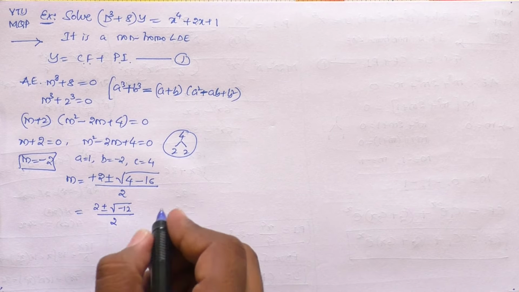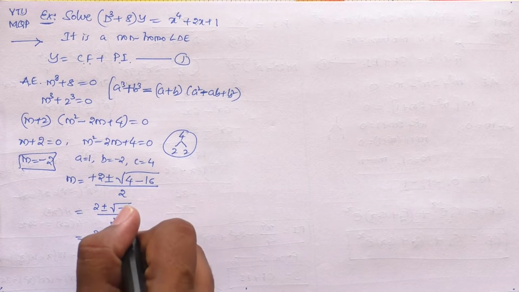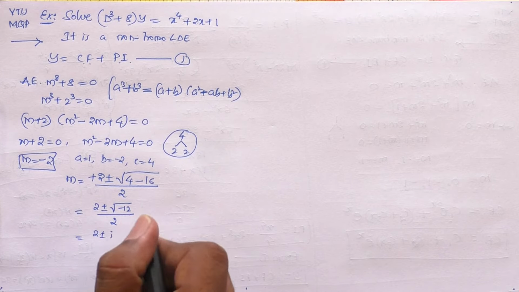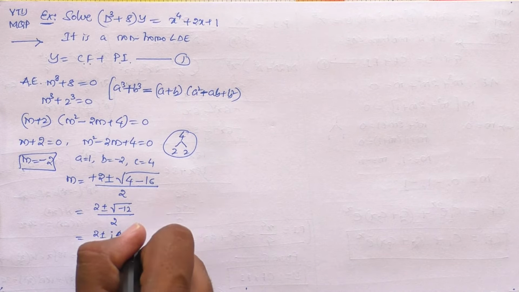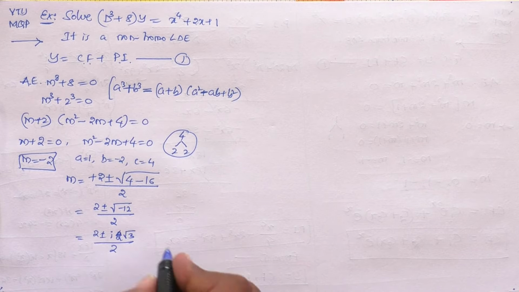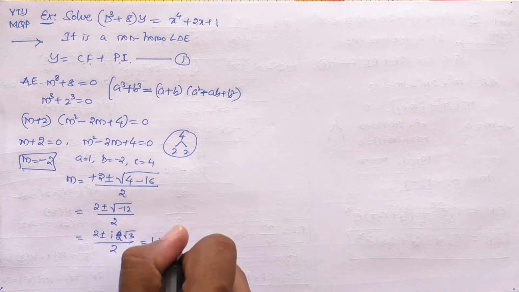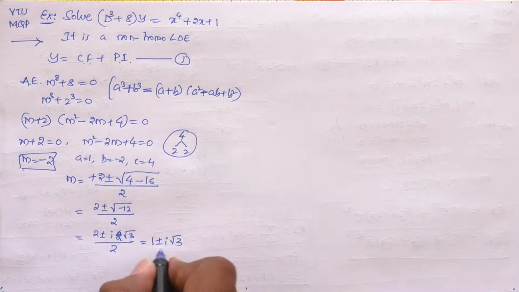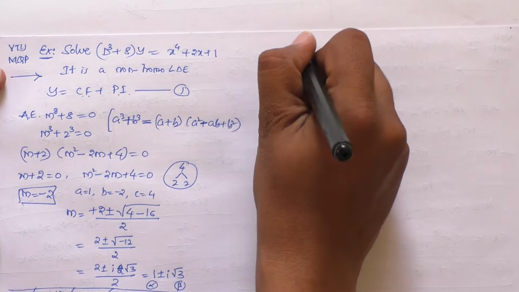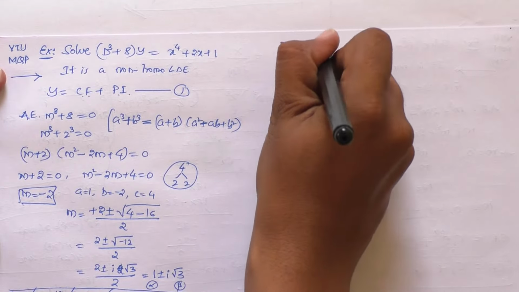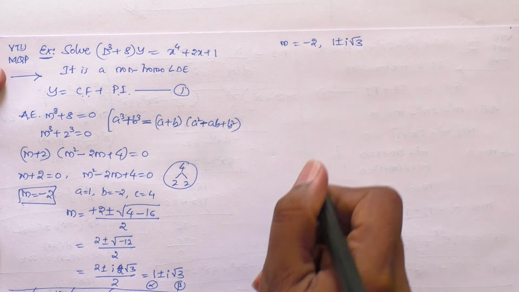Square root of minus 1 is i, square root of 12 can be written as 2 root 3, divided by 2. Finally, 2 by 2 is 1, so 1 plus or minus i root 3. These are the complex roots, alpha 1, beta root 3. So we have roots m equal to minus 2 and complex roots 1 plus or minus i root 3.